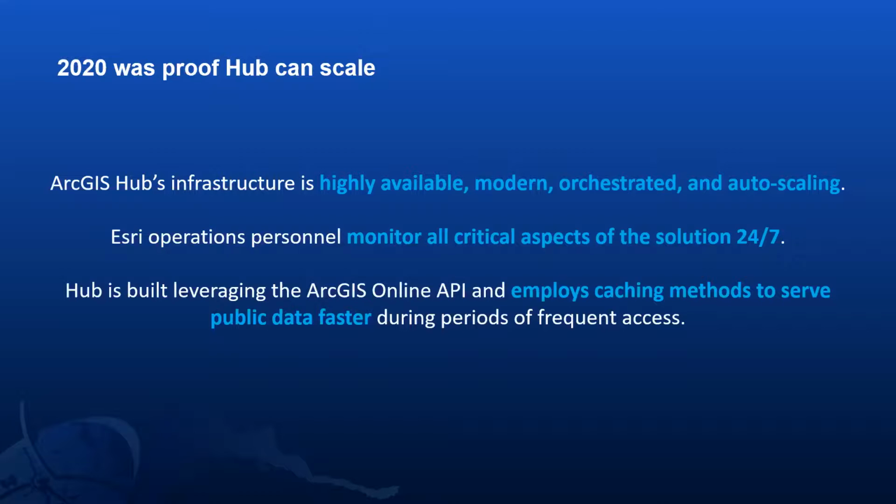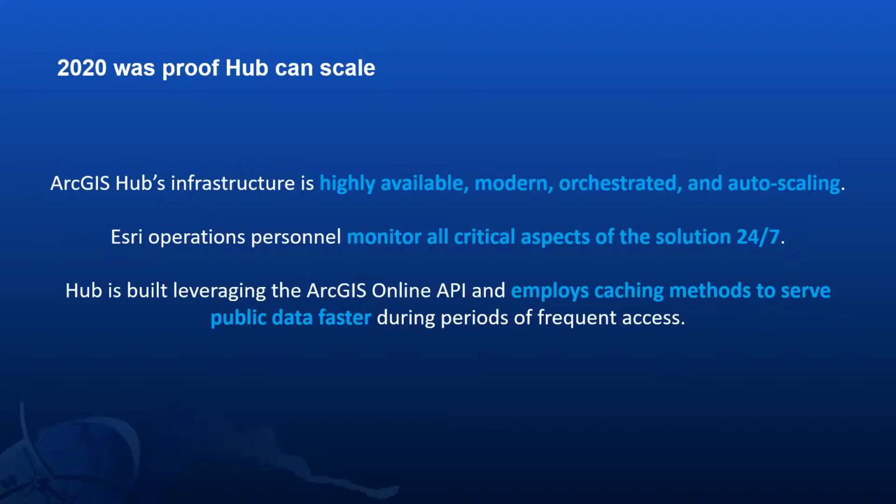We've got personnel that are monitoring specifically pieces of Hub, as opposed to having it just be monitored as part of the whole ArcGIS Online ecosystem. There's pieces and parts that specifically look at Hub. I think there was an outage earlier in the week, I want to say, and that got flagged much sooner than it would have been before we had this in place. So all of that continues to mature.